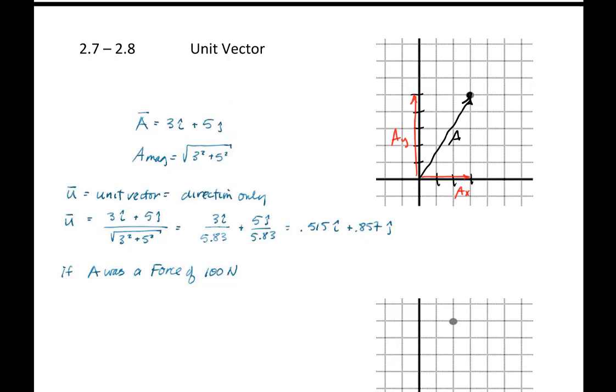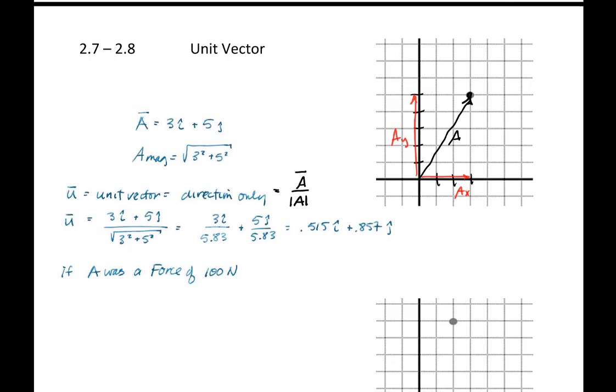We can find the magnitude, or the length, of that vector by taking the square root of the sum of the squares. In other words, the square root of 3 squared plus 5 squared. The unit vector is defined as the direction only, which is the vector divided by the magnitude. I'll call the vector A bar and the magnitude A with vertical bars on each side.